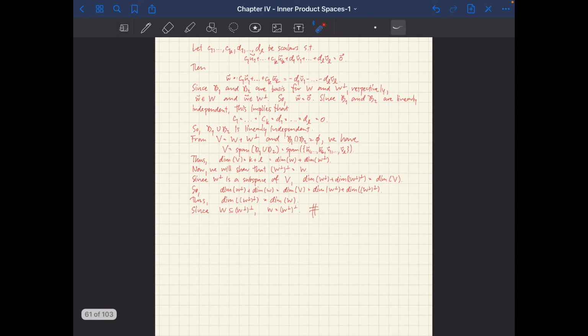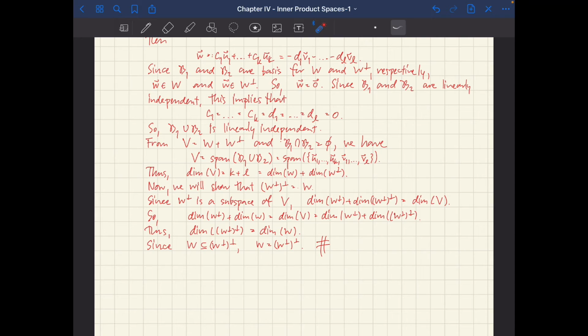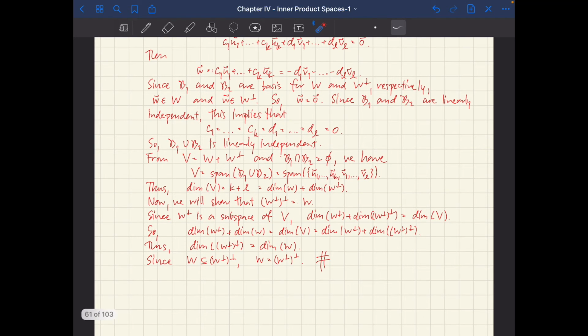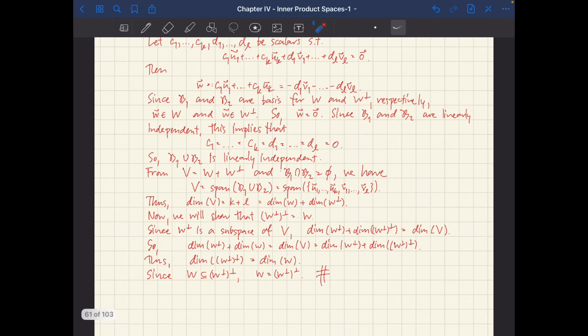Why do we prove that the basis of W union the basis of W perp is linearly independent? Because we will use the dimension here. We know that V is equal to W plus W perp, and then V is the span of the vectors of B1 and B2.